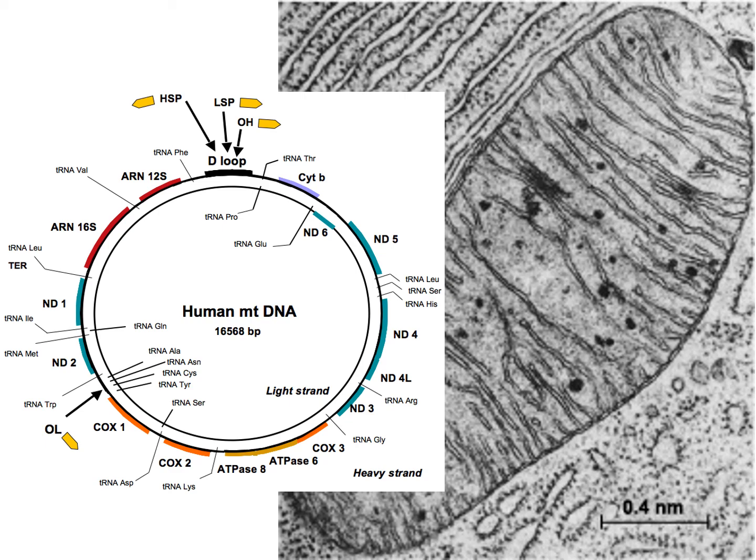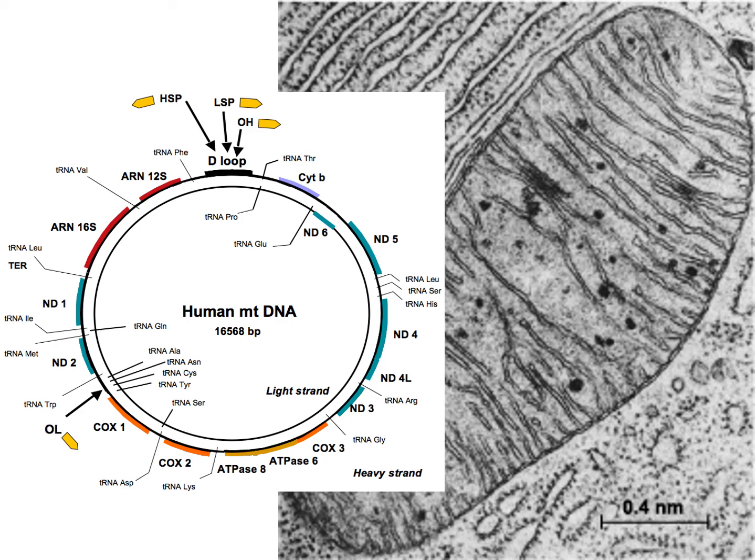The egg cell is at least 100 times bigger than the sperm cell, and it contains a lot of cytoplasm and a lot of nutrients and a lot of things that are needed to get development going in the zygote. So that initial cytoplasm in the zygote came from the mother's egg. And the mother's egg, of course, contained mitochondria.